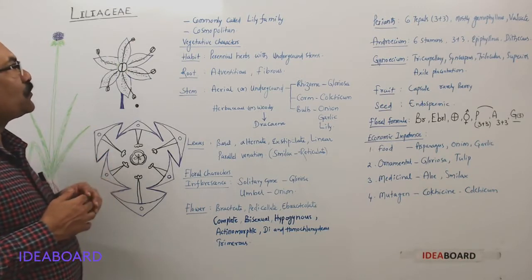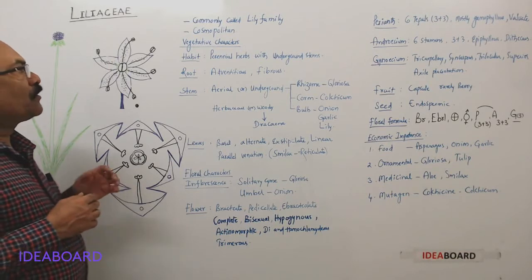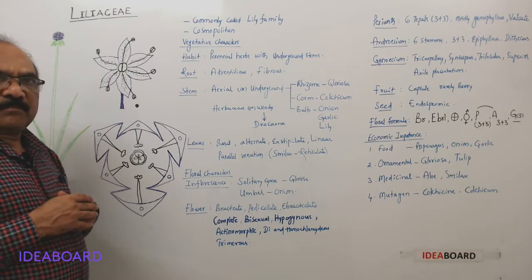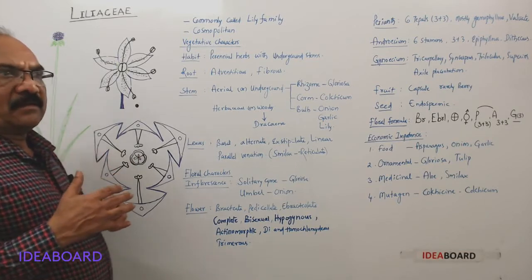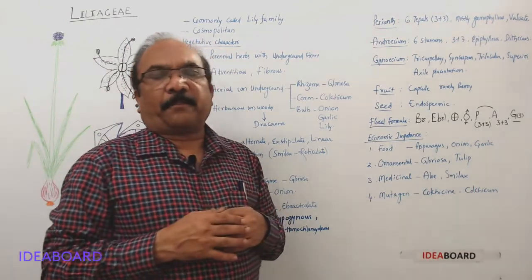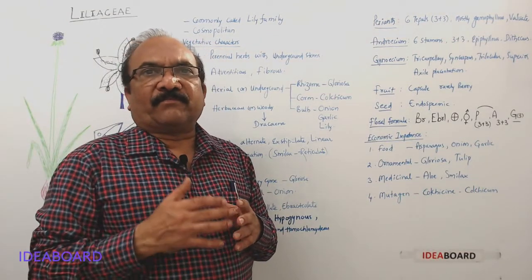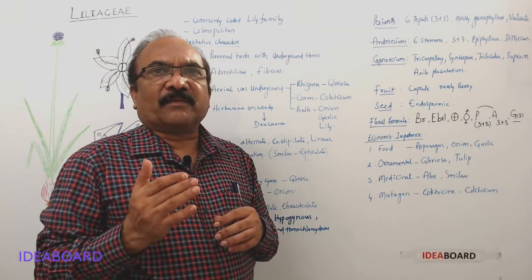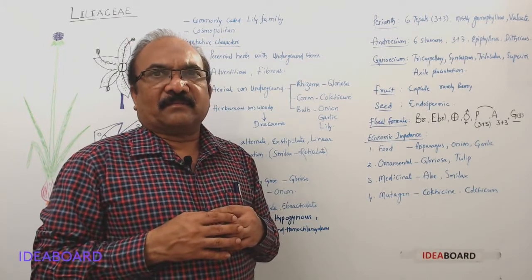When it comes to the vegetative characters, these plants are generally herbs, but herbs are of three types based on their lifespan. If they live for one season or 1 year, we call them annual herbs.